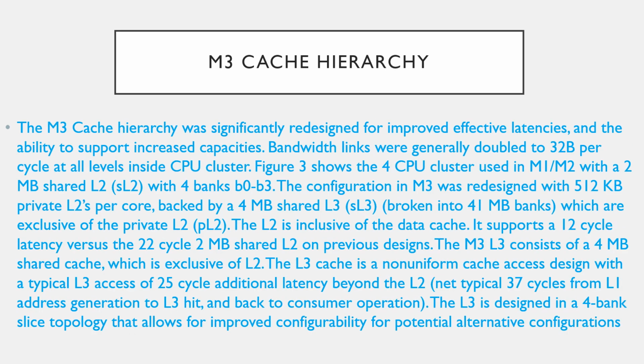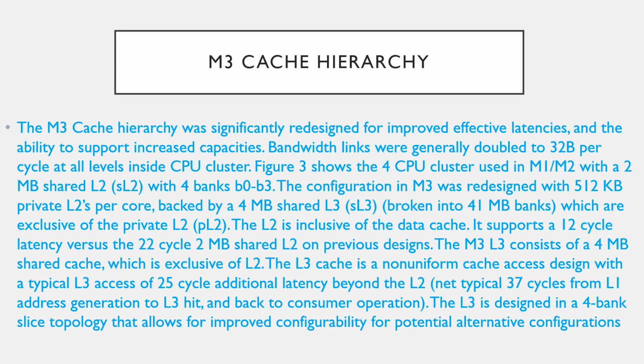The M3 cache hierarchy. The M3 cache hierarchy was a significant redesign for improved effective latencies and the ability to support increased capacities. Bandwidth links were generally doubled to 32 B per cycle at all levels inside CPU clusters.